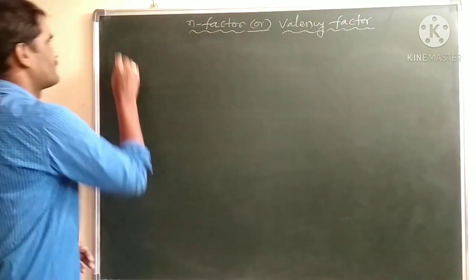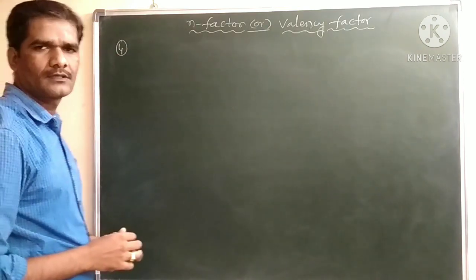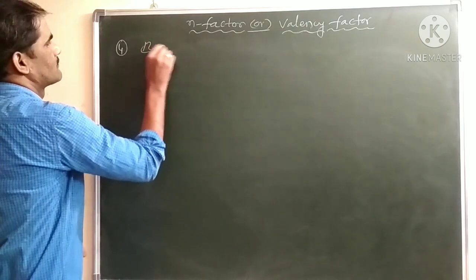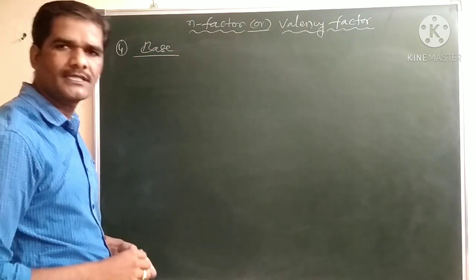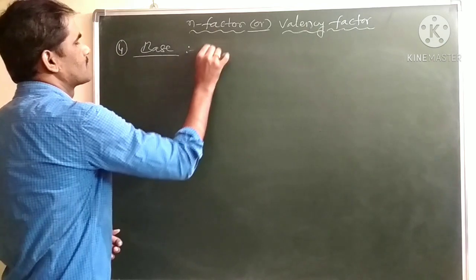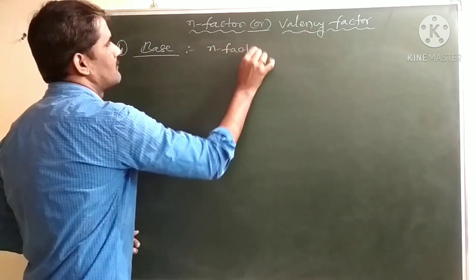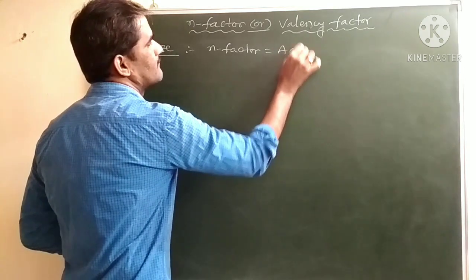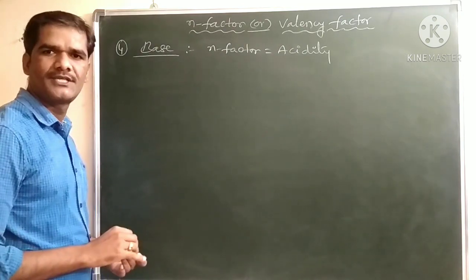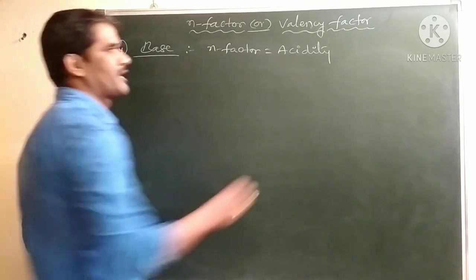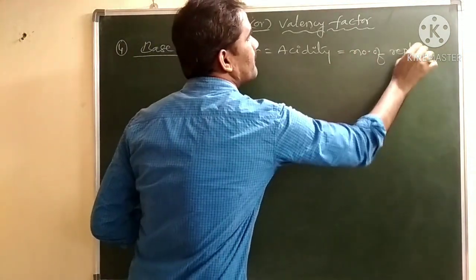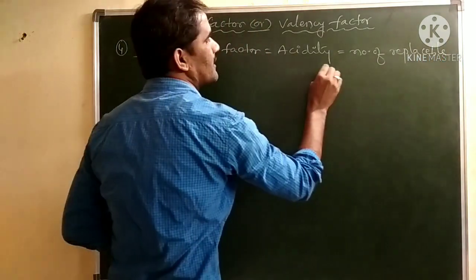Next, the fourth type of compound, they are the bases. For bases, how to calculate N factor? For bases, N factor is its acidity, reverse to the acids. N factor is equal to acidity. Then what is the meaning of acidity? Opposite to the basicity: number of replaceable OH minus.